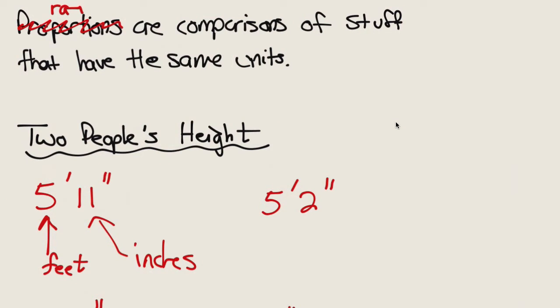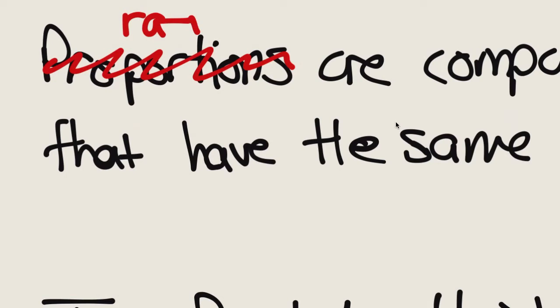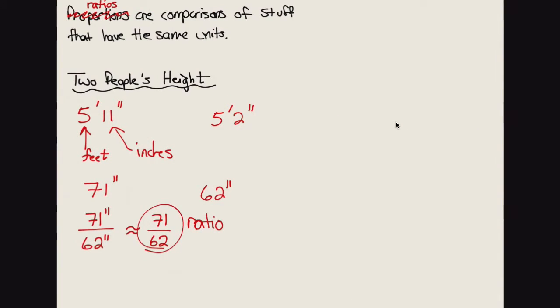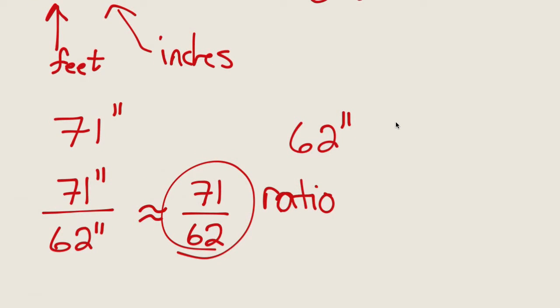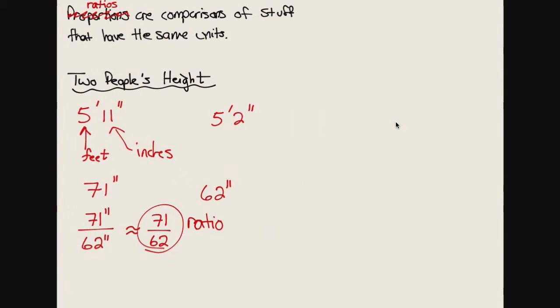Ratios are comparisons of stuff that have the same units. This is a ratio. It's one fraction. So ratios are one fraction. It's a comparison of two things.